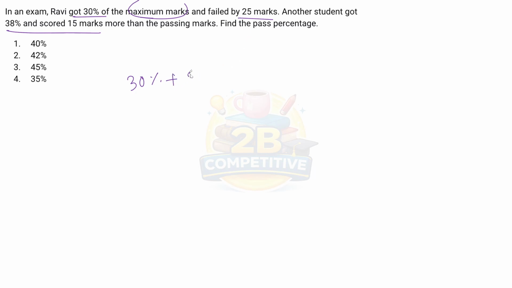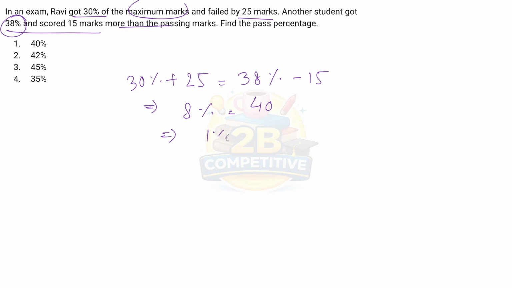That means 30% plus 25 is the passing mark. Same for 38%, scored 15 more than the passing mark, so equals to 38% minus 15. So that will be all left side, and the right side will be the passing marks. So 38 minus 30, that will be 8%, and 25 plus 15, that is 40. So 8% equals to 40.